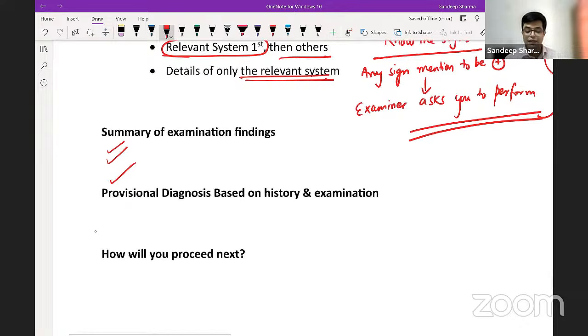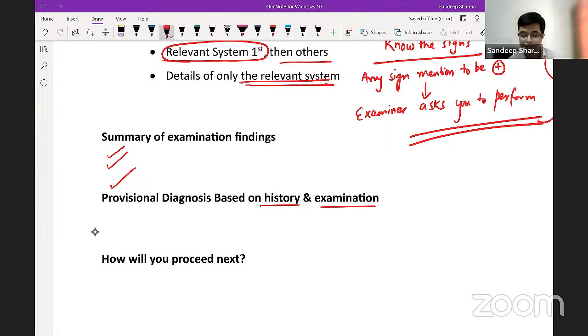In case of provisional diagnosis, now you will combine history and examination findings. How? In a cardiovascular case, you will say, sir, this is a 6-month-old child who has presented with feeding difficulties, poor gain of weight and length, and this child is also having features of other micronutrient deficiencies. On examination, I noticed that the child was having some tachycardia, but the remaining examination was normal.